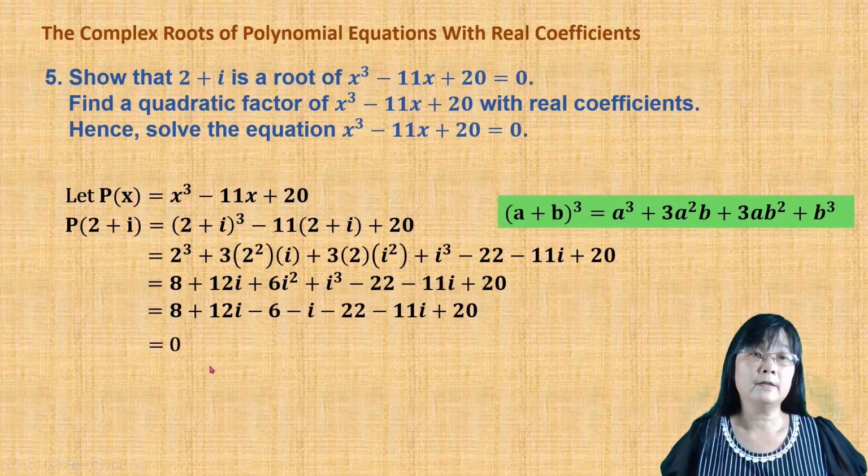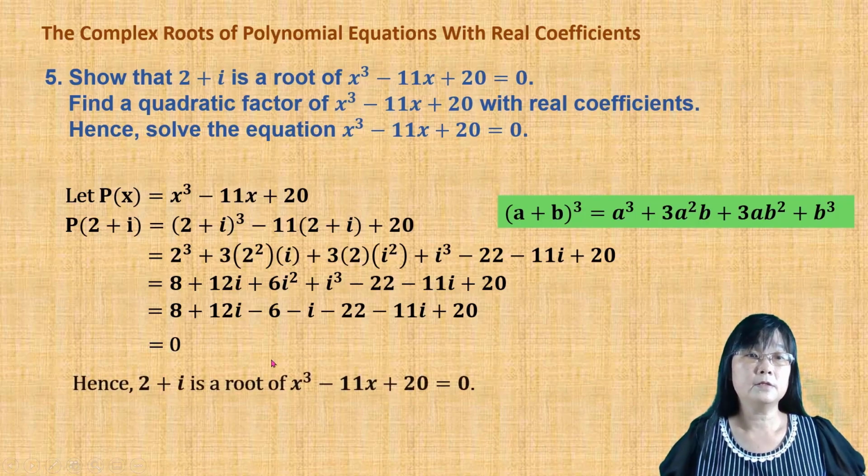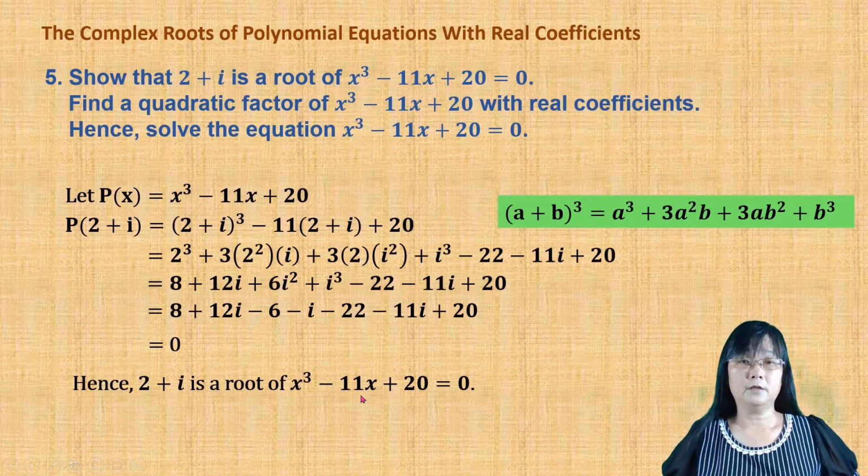So the final answer is equal to 0. Hence we can conclude that 2 plus i is a root of the polynomial.